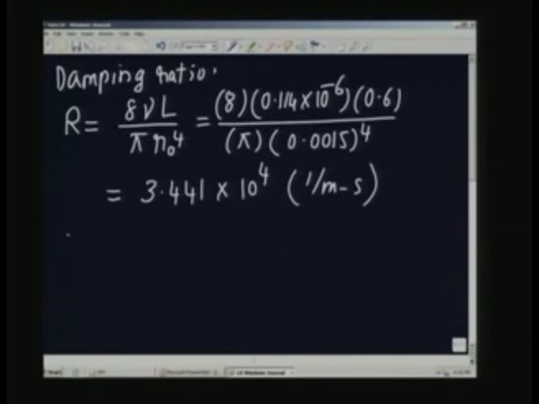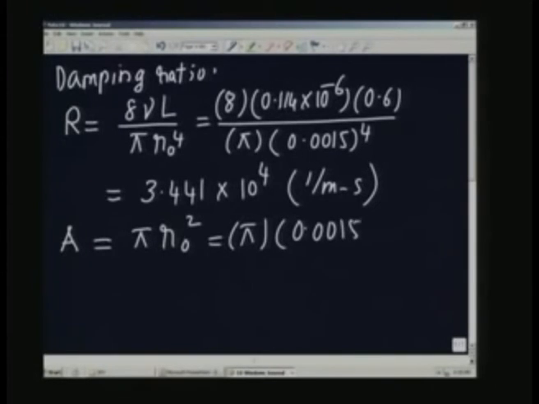The area of cross section of the tube is pi R naught squared, and this will be 7.069 into 10 to the power of minus 6 square meters. All these are required in calculating the value of zeta.